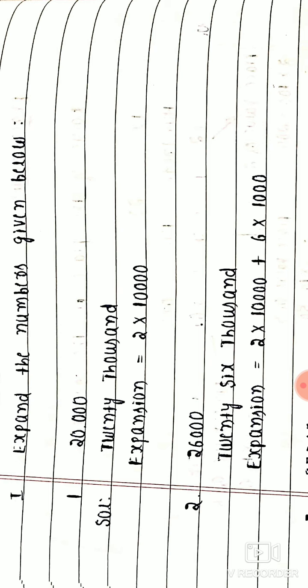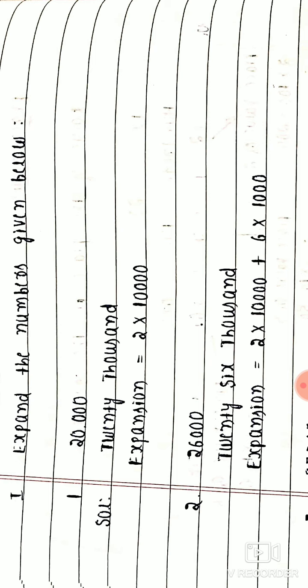First one, 20,000. Here it is given in numbers. First you have to write it in words, that is twenty thousand.